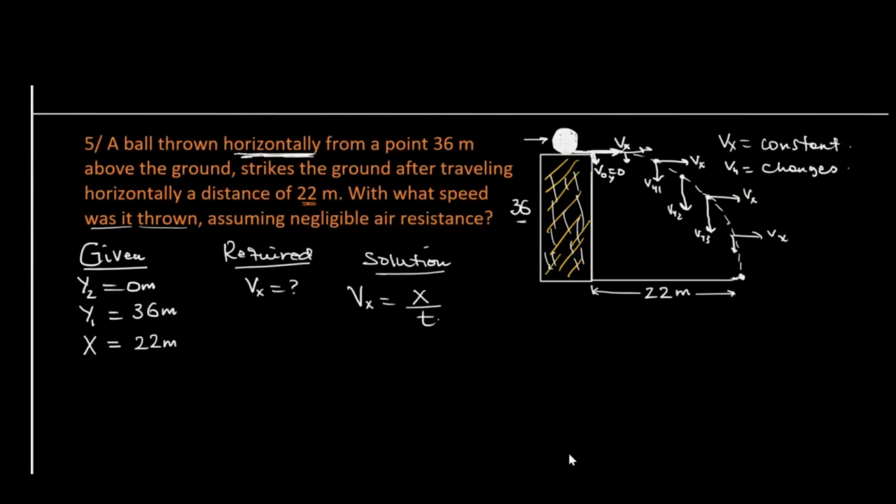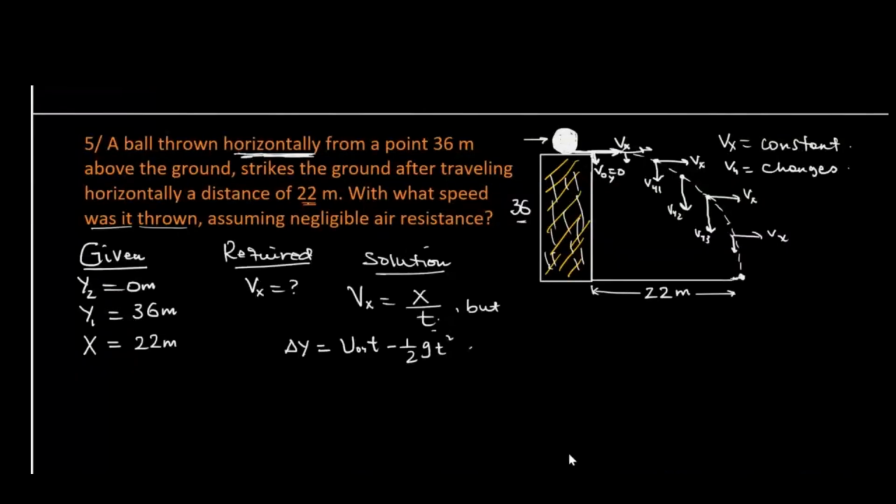Since I don't have t, but I know another formula: delta y is equal to v naught y t minus 1 over 2 g t squared.